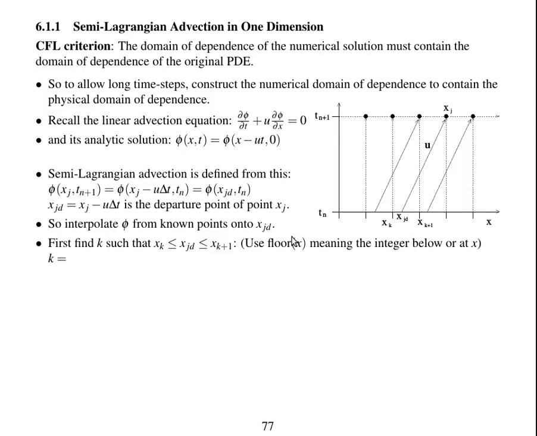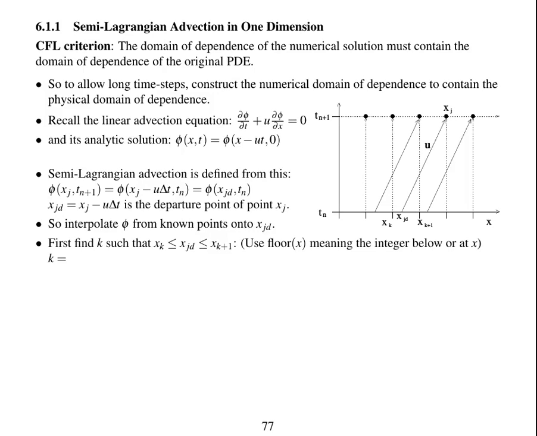So first of all, we need to find these values k, the points that surround the departure point, such that xjd is between xk and xk plus 1. You can find the value of k using the function floor of x, meaning the integer below x or at x.